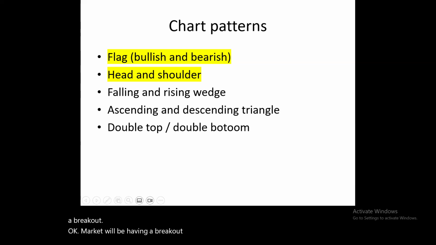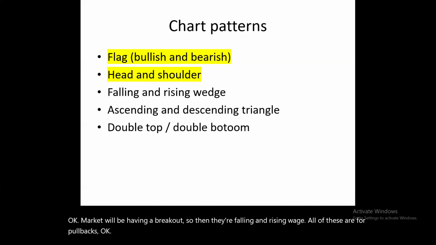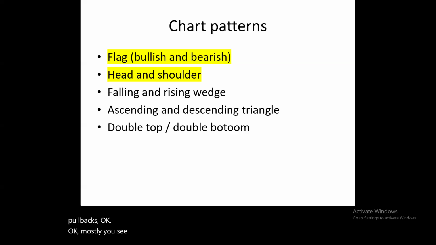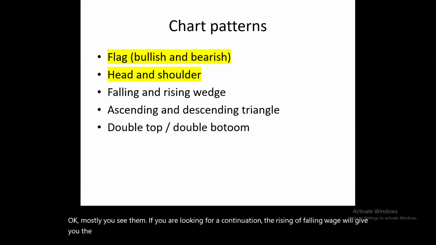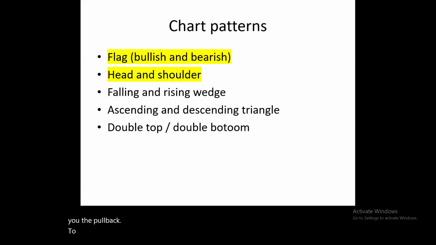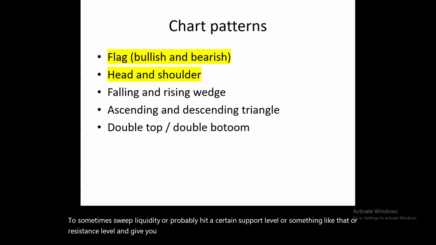Then the falling and rising wedge. All of these are for pullbacks. Mostly you see them if you are looking for a continuation. The rising or falling wedge will give you the pullback to sometimes sweep liquidity or hit a certain support or resistance level and give you an opportunity to go for the continuation of the original trend.